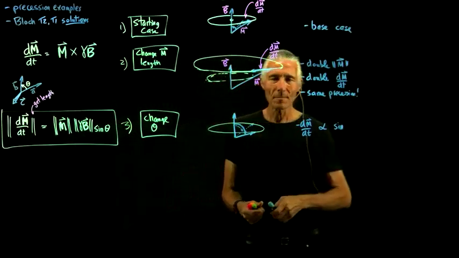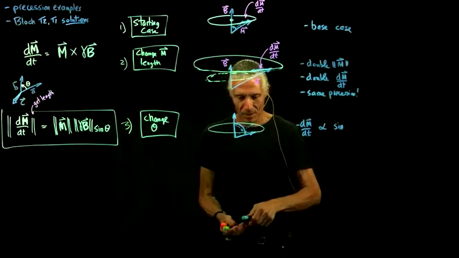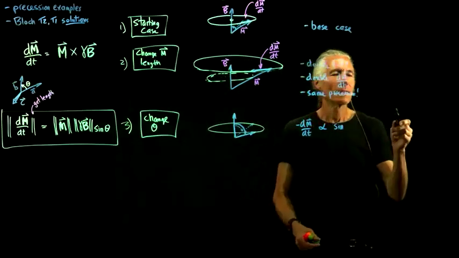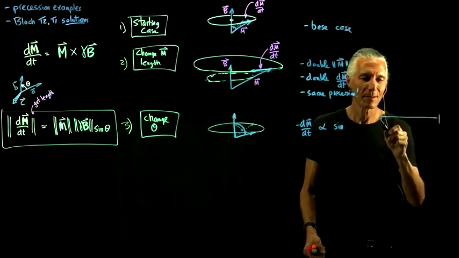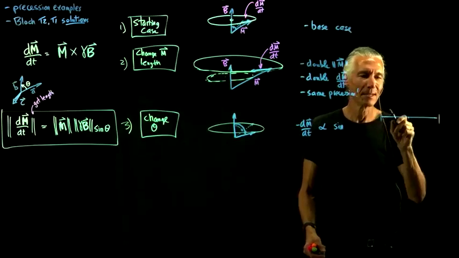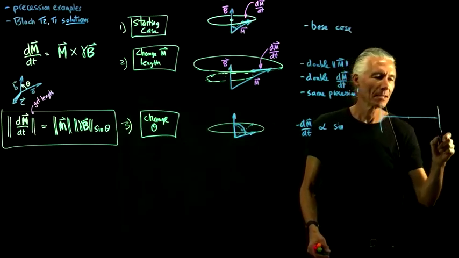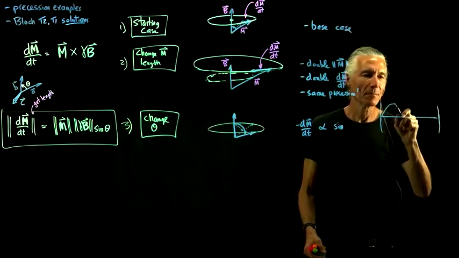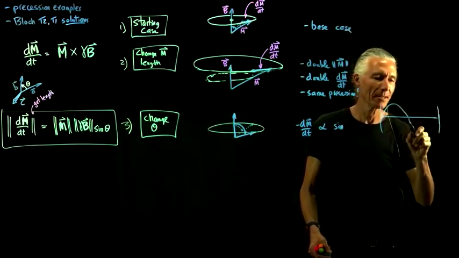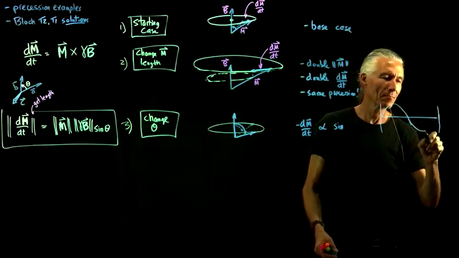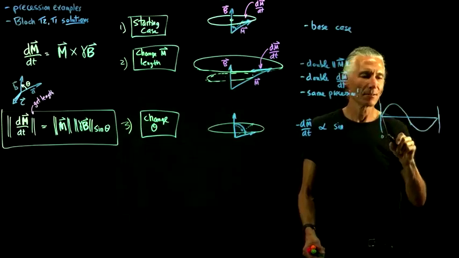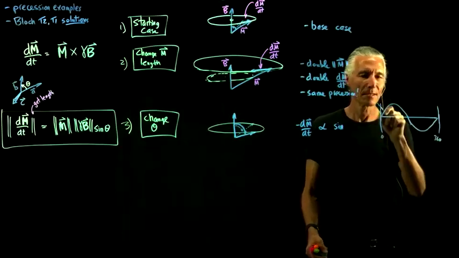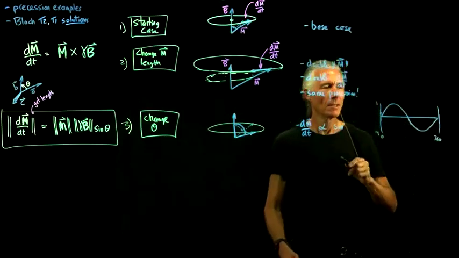So always just go back to the high school trigonometry: what is the sine? The sine gets biggest at 90, and then at 180 it's 0, and then it's biggest negative at 270. So this is like 0 and 360, and this is 1, minus 1. So that's sine.